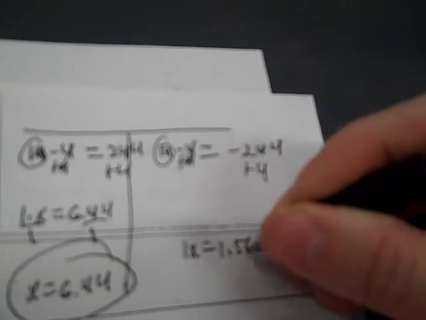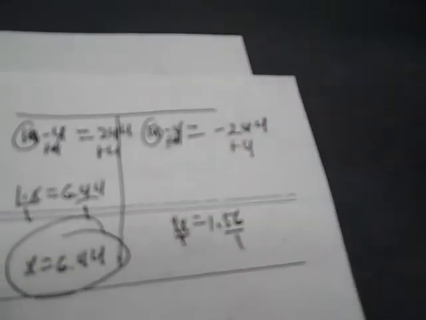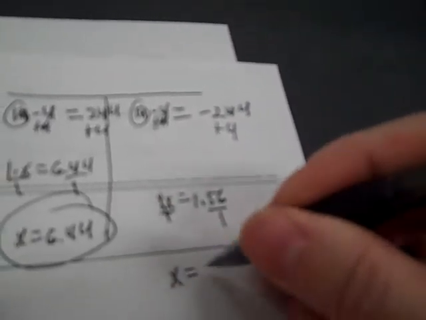Then divide by 1, you're still at 6.44. There's your first answer. Now dot your x, you're going to add 4. And we'll take negative 2.44 plus 4, 1.56. And then divide by your 1, and you're still 1.56.